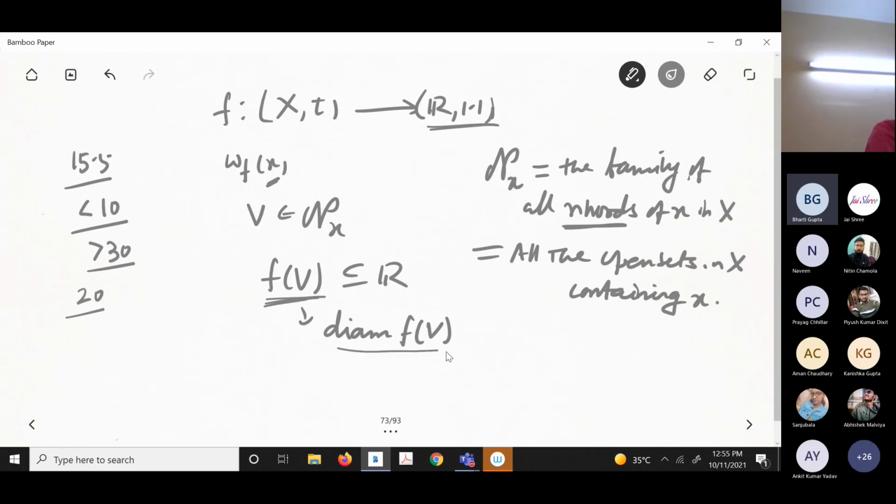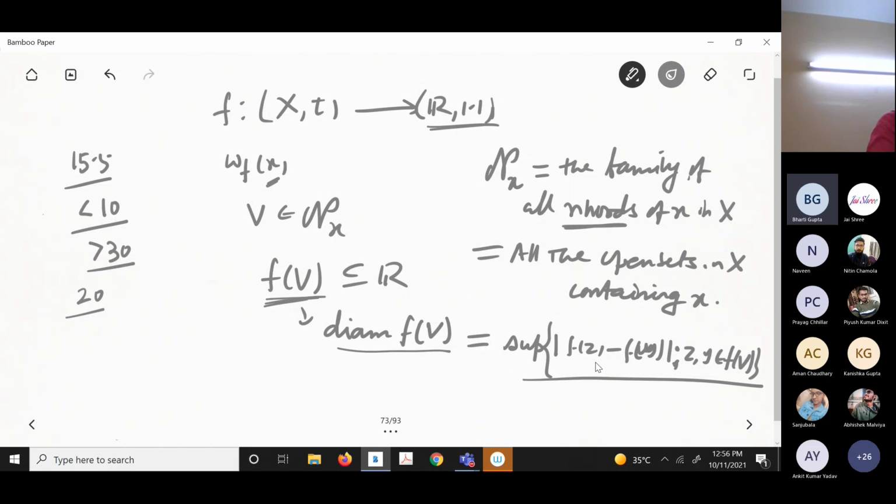Diameter of F(V). Now you take the infimum. The diameter of F(V) by definition is the supremum of the distances between all these points, that means |F(z) - F(y)| for all z, y. So this is the definition of diameter.